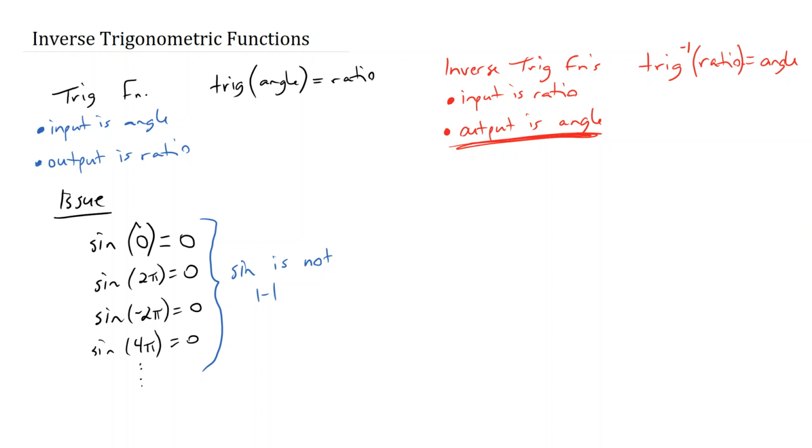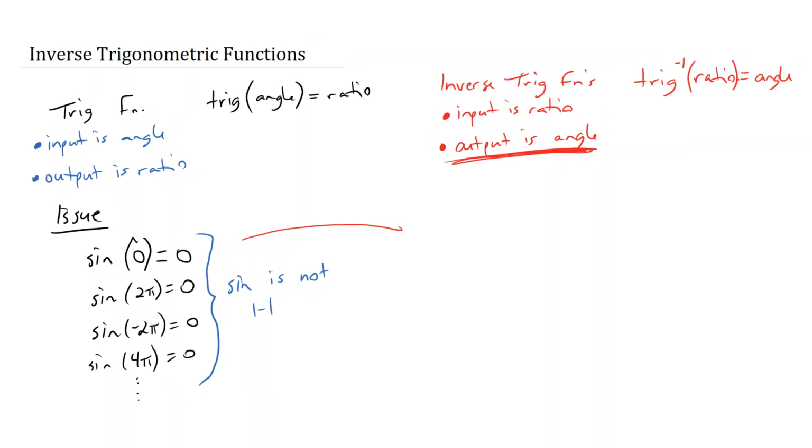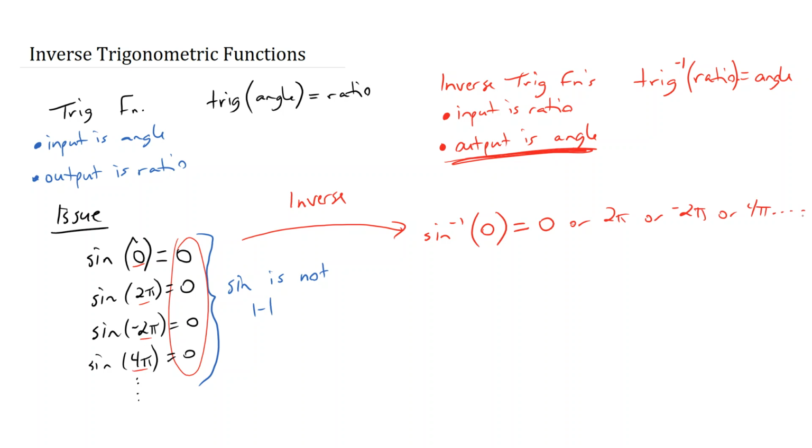In general, functions that aren't one-to-one aren't a problem, but they are whenever you try to inverse them. If you inverse each of these statements, you get the sine inverse of 0 equals, now this is the input, and each of these is the output: 0, or 2 pi, or -2 pi, or 4 pi, etc., an infinite number of outputs. This is our problem.